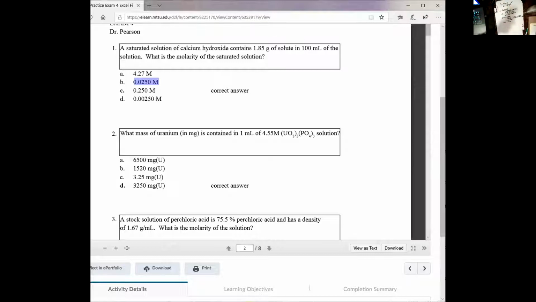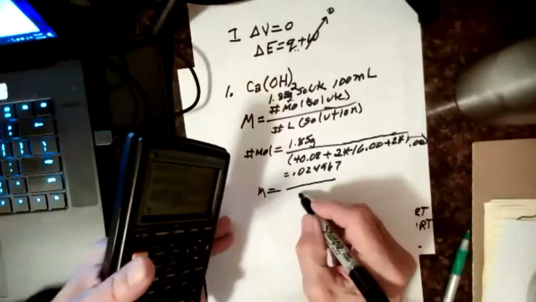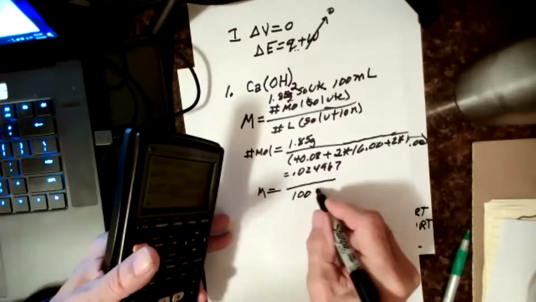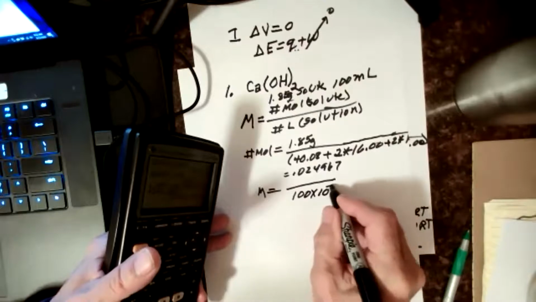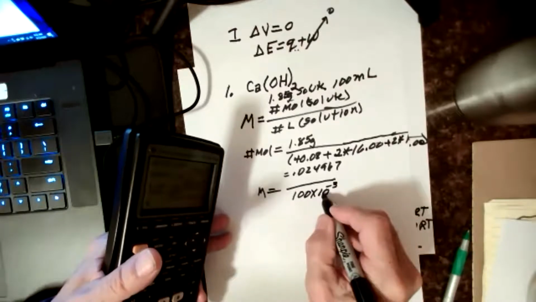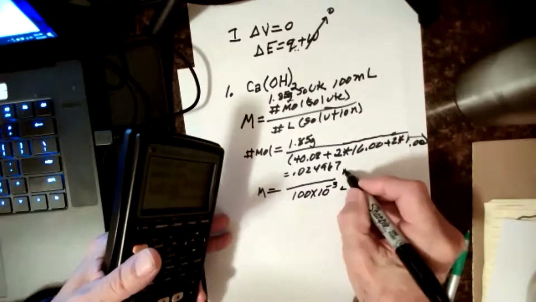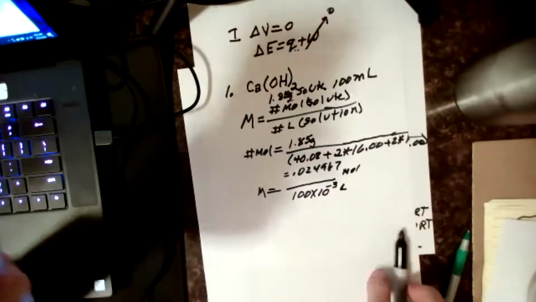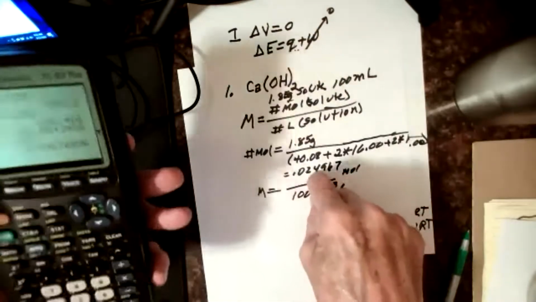And if you're looking at the problem now, the volume is 100 milliliters. So let's stop the share. I've got that number of moles divided by 100 times 10 to the minus 3, 100 milliliters. This would be moles. Okay, so I've got this number for moles on my screen.